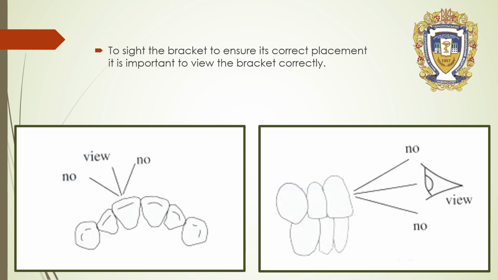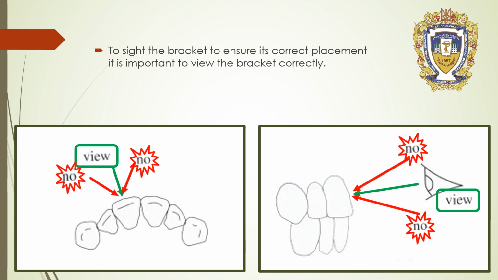To site the bracket and ensure its correct placement, it is important to view the bracket correctly. What does it mean? It means that our eye must be at a right angle to the tooth surface, not at another angle, only at a straight angle.